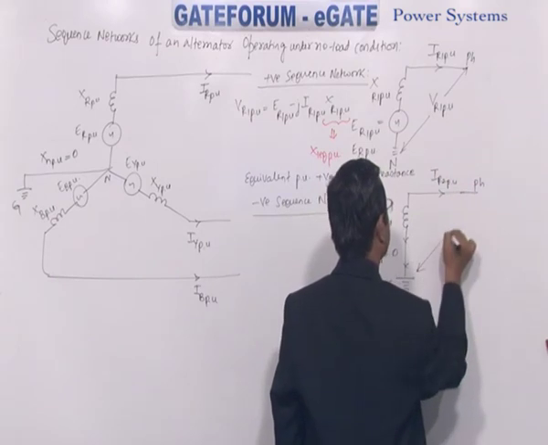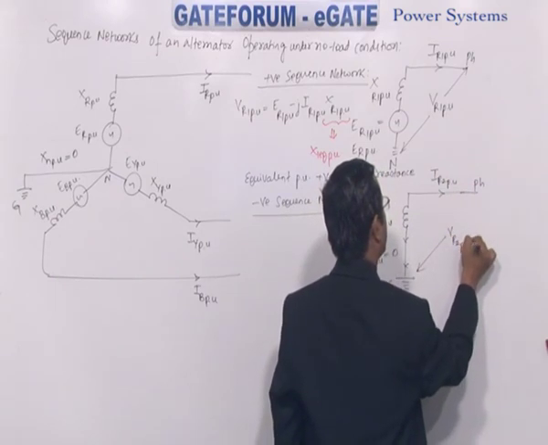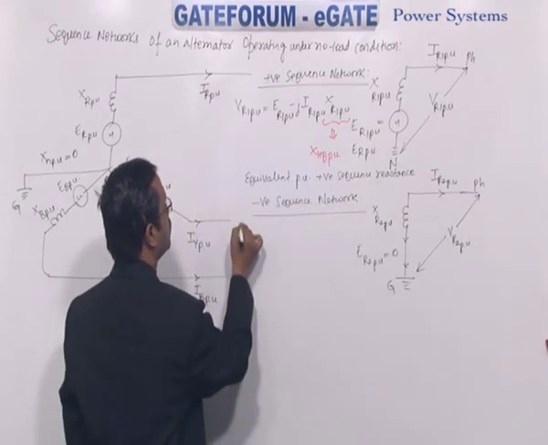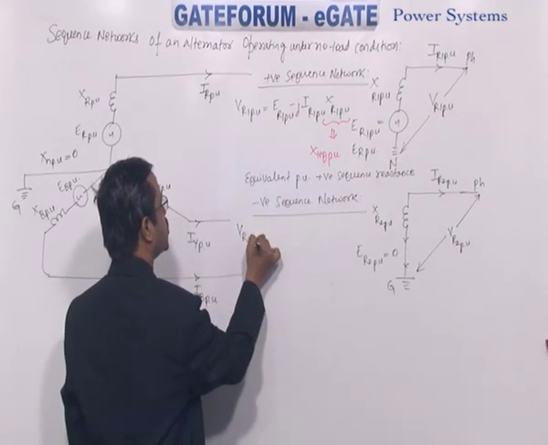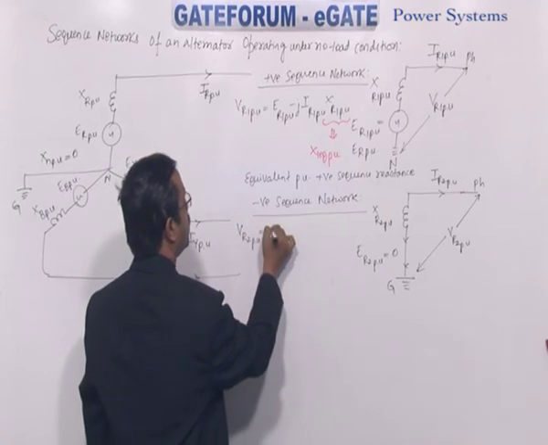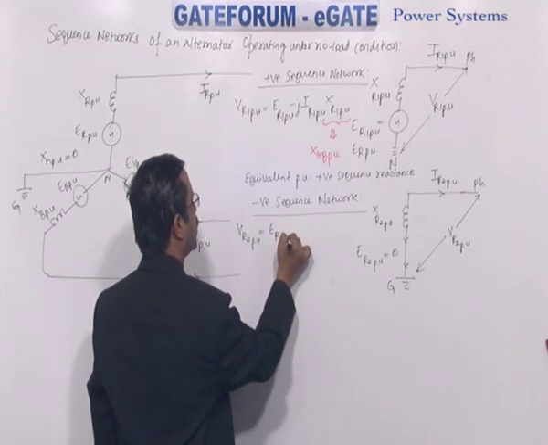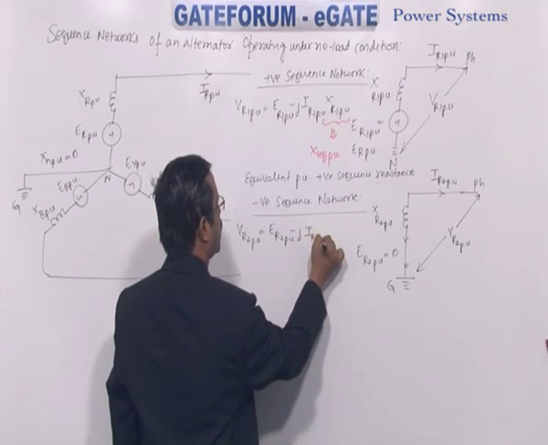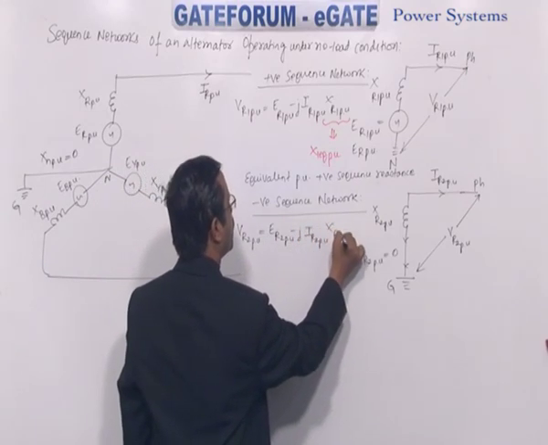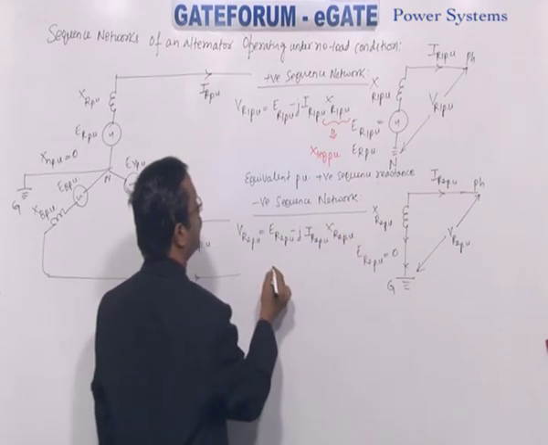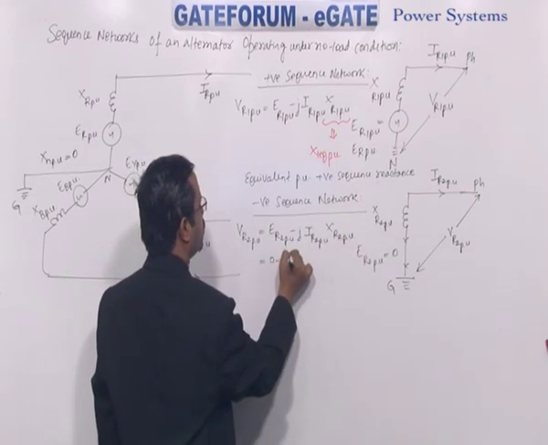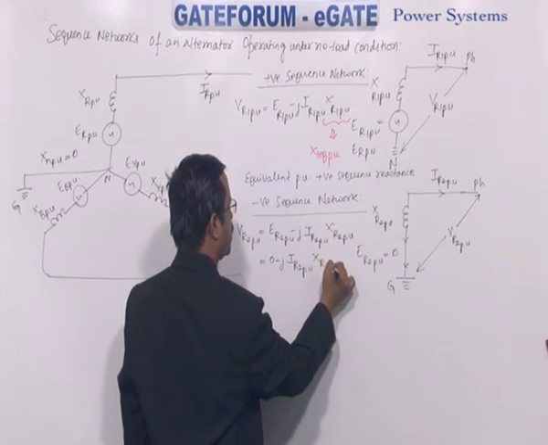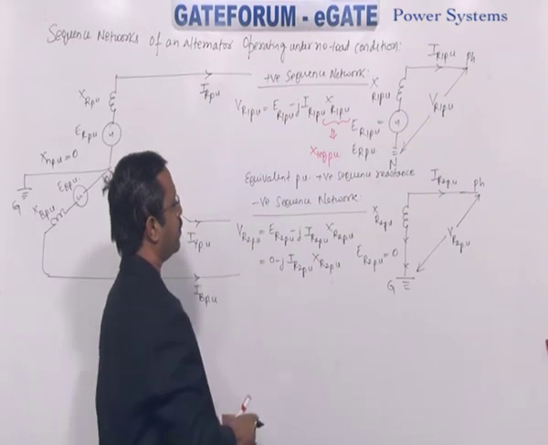Now you find the terminal voltage VR2 per unit. So what is VR2 per unit? We say ER2 per unit minus J IR2 into XR2 per unit. So ER2 is 0, minus J IR2 per unit XR2 per unit.